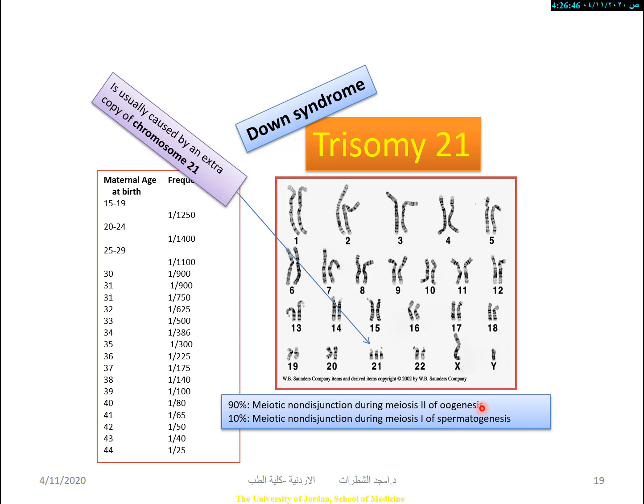But because oogenesis has begun early intrauterine for the females, and it lasts for a long time, that's why chromosomes get crossed with each other for a long time. When separation is coming, they might not separate.